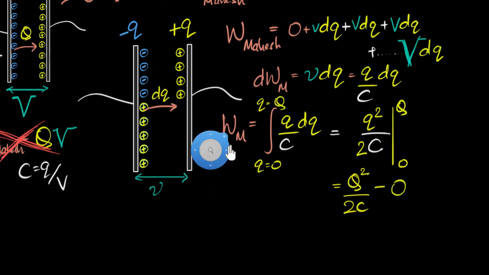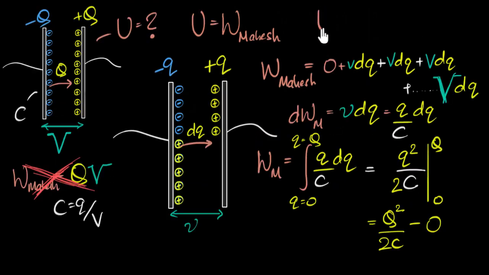And hence, the total energy stored in a capacitor must be Q squared divided by 2c.